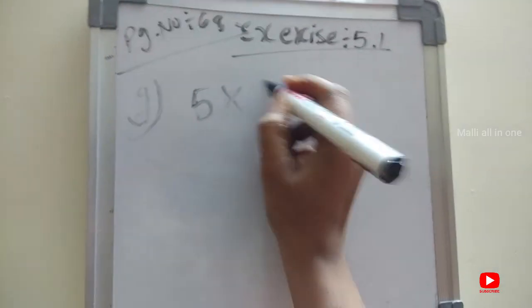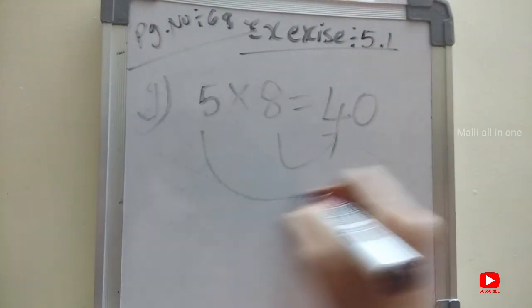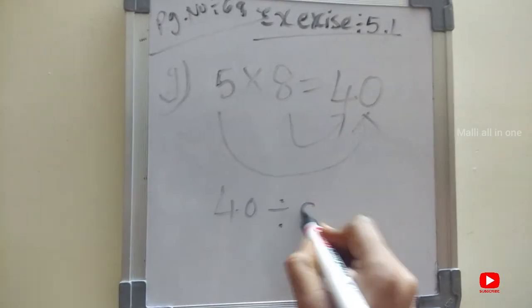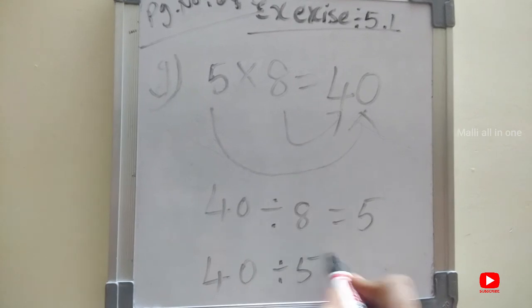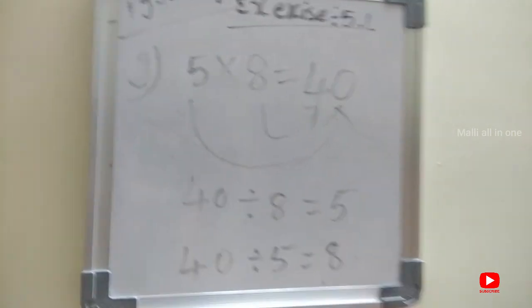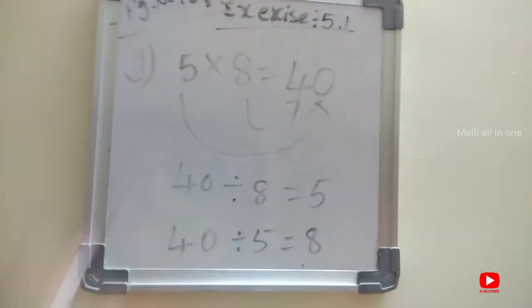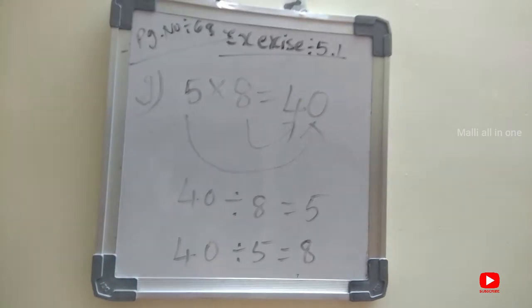G sum. 5 into 8 equals 40. So first divided with 8 and next 5. So 40 divided by 8 equals 5. 40 divided by 5 equals 8. Like this. These are also division facts for this sum. This is a multiplication fact. These two are division facts.